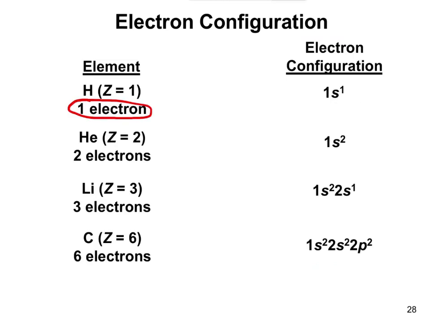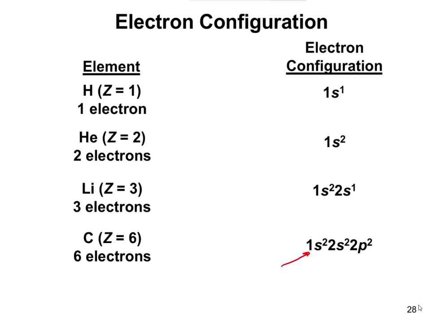Okay, so hydrogen, 1 electron, it goes into 1s. Helium has 2 electrons, so now we would say 1s2. The superscript here refers to the number of electrons in that 1s orbital or subshell. So if we were to look at carbon down here, it says 1s2, 2s2, 2p2.